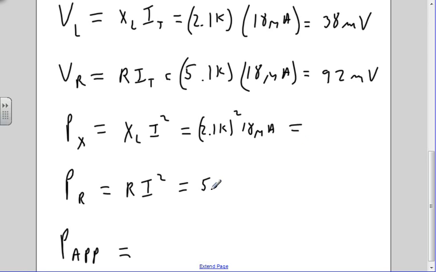Resistance 5.1K, 18 microamps. And apparent power is going to be the square root of that guy squared plus this guy squared, but I don't know what they are yet, so I can't put it there. Okay, so 2.1E3 squared times 18E-6.